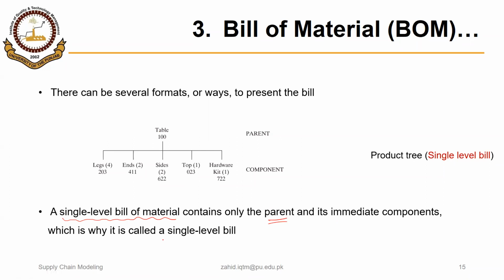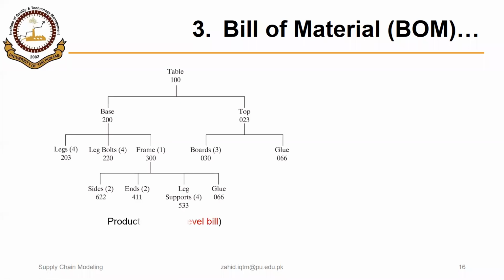So the final end item is called the parent, and its immediate components. For example, we require 4 legs, 2 ends, 2 sides, 1 top, and a hardware kit. That is why it is called a single level product tree or bill of material.